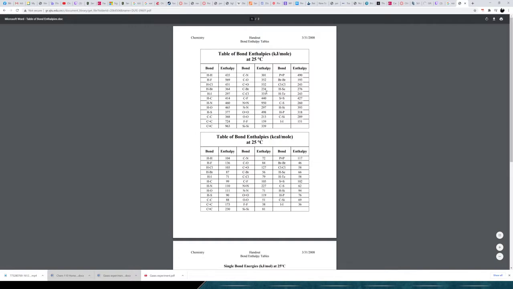There's just a bunch of values here for these bonds. I'll show you how to use them in a little bit. I'll find a good table. Your book has a nice table, but if some of you don't have that, I will find you a new one to work with.